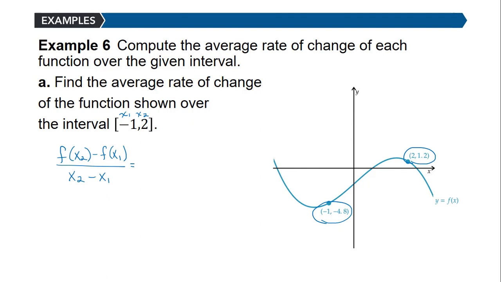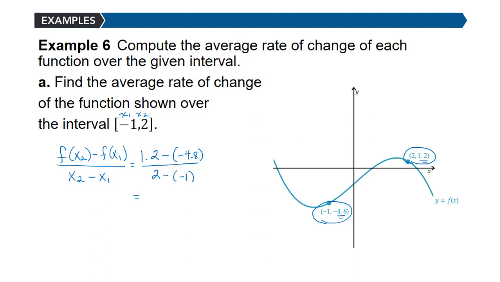And so to find f of x sub 2, it is the y value when x is 2, which is 1.2, minus f of x sub 1, the y value when x is -1, so that is -4.8. And then we're dividing this by the change in x, so 2 minus -1.